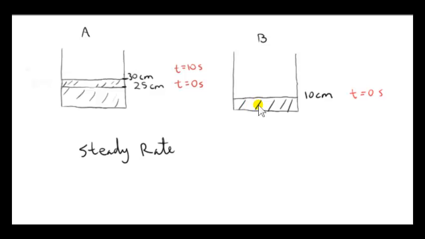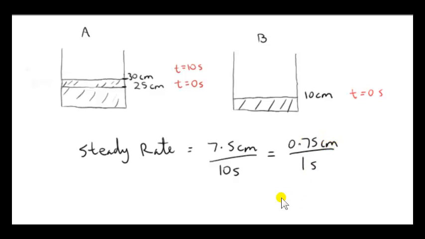The steady rate of increase in depth of water in tank B is 7.5 centimeters per 10 seconds. If you want to break that down to 1 second, you can just divide above and below by 10. So that would be 0.75 centimeters per 1 second, which, since we're dealing with a unit time here, we could write as 0.75 centimeters per second.